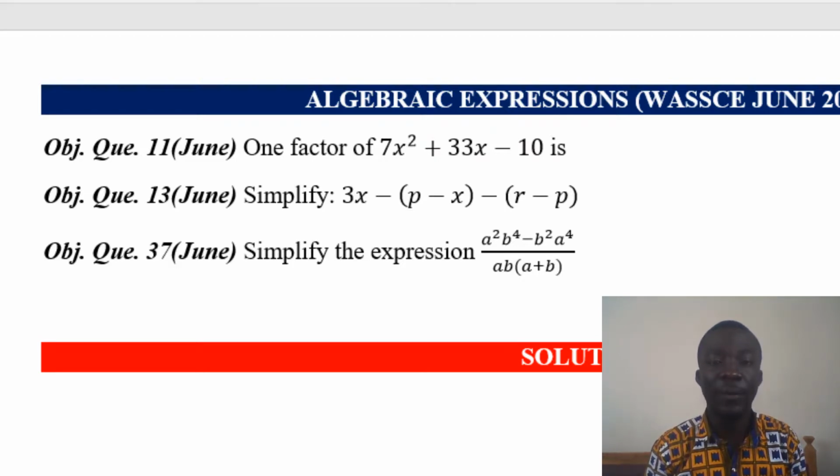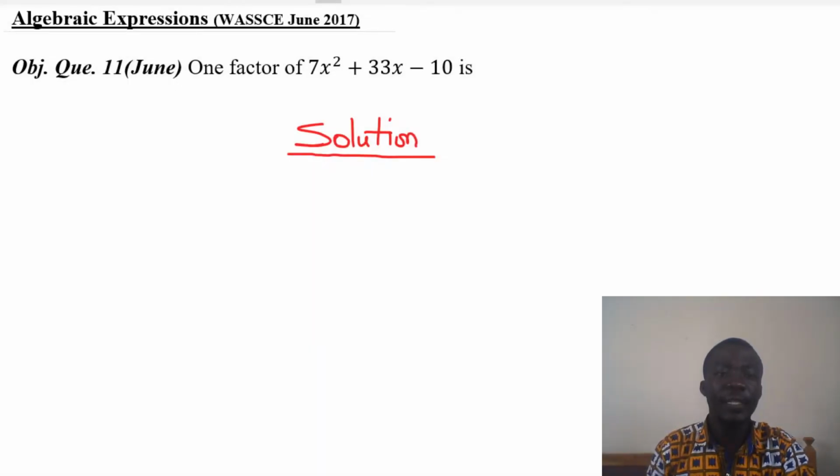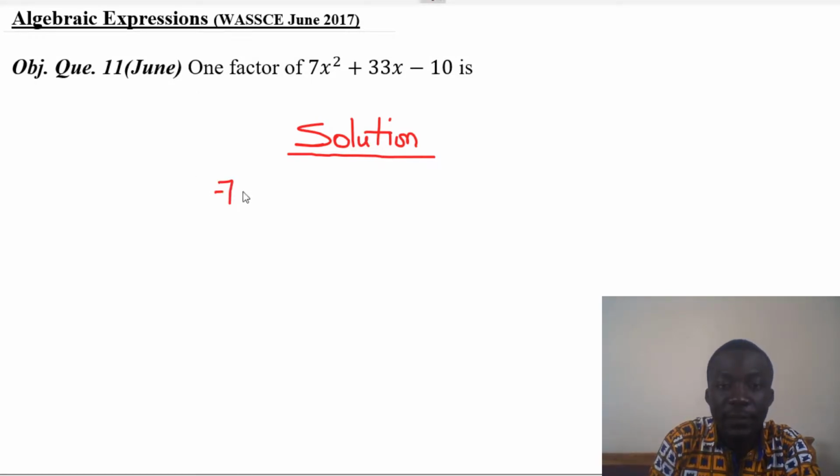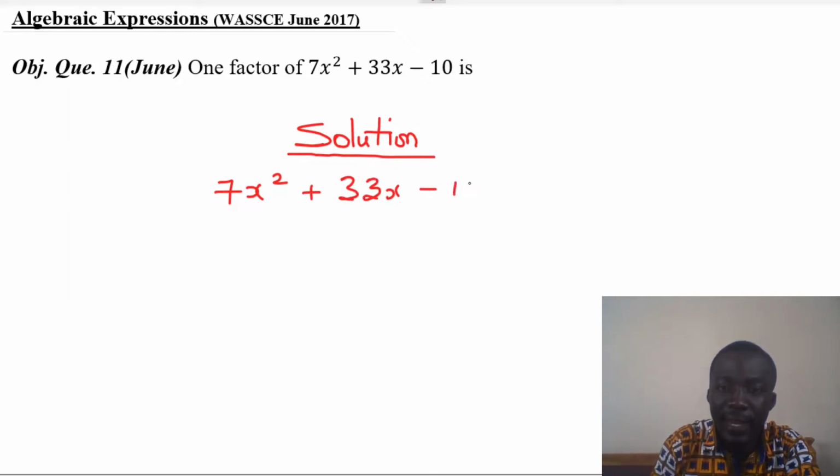Let's dive into our solutions. In objective question 11 June, we are to factorize the trinomial 7x squared plus 33x minus 10, after which we compare our factors to those we have as our options to select our answer from.